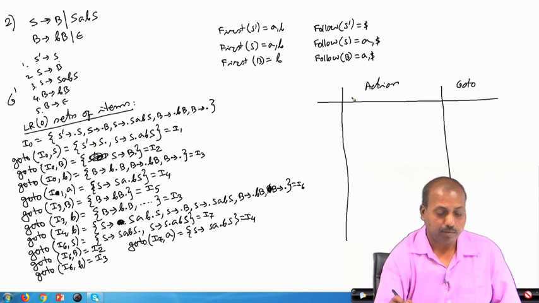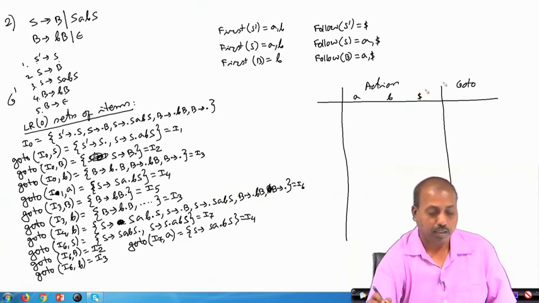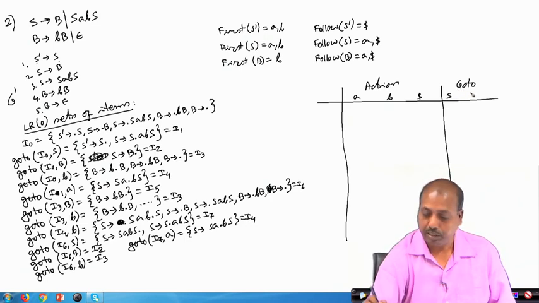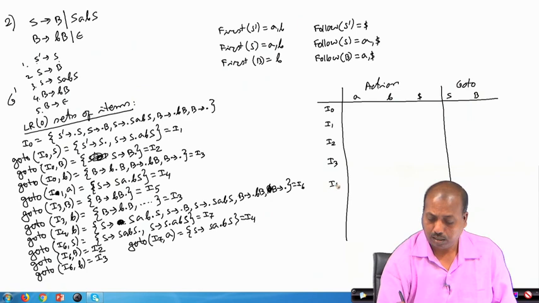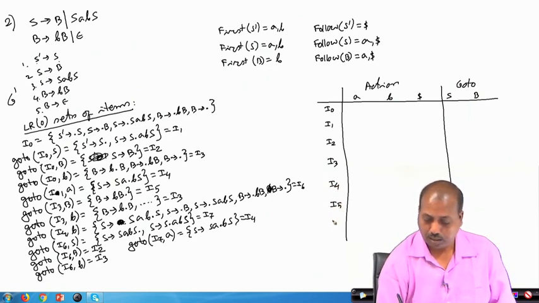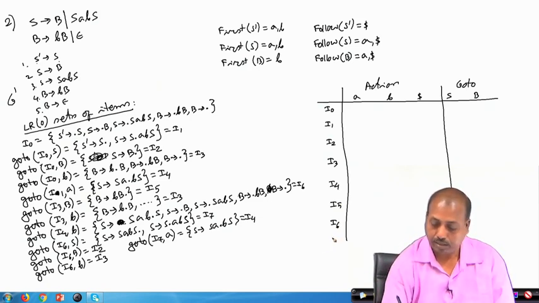In the action part I have got the terminals, small a, small b and dollar, and in the go to part I will have the non terminals S and B. Now, the items I 0, I 1, I 2, I 3, I 4, I 5, I 6 and I 7, so there are 8 items like that.